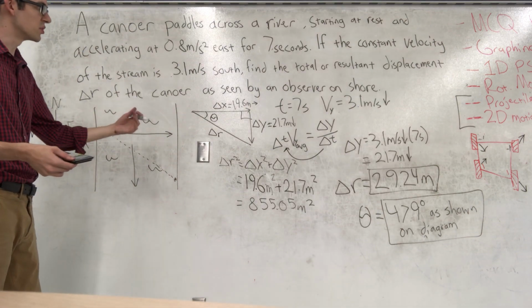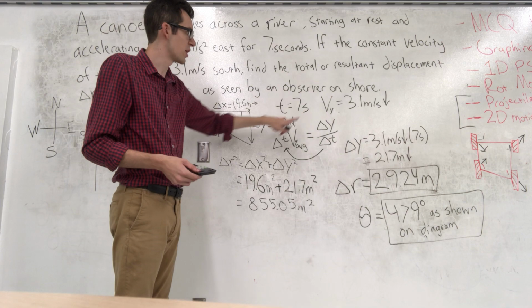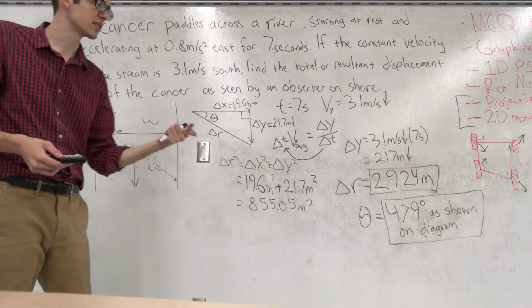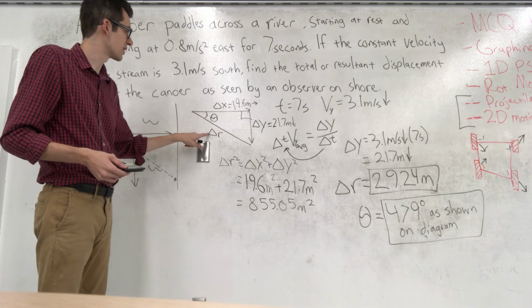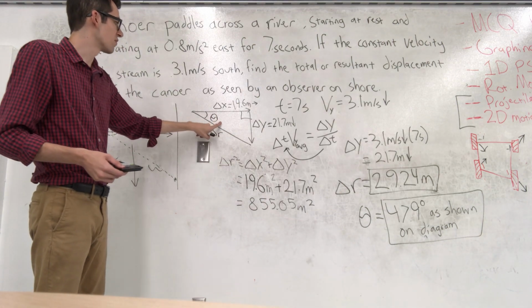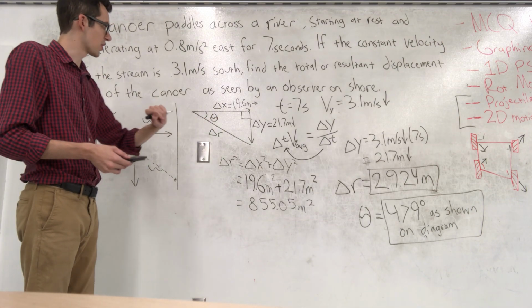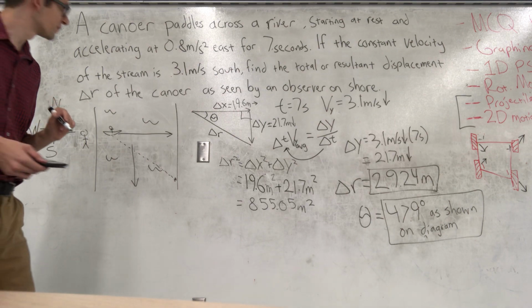Great, so we were able to use our equations of motion to use our given or known information, solve for delta y and delta x, which we then used with the Pythagorean theorem to say that delta r is equal to the hypotenuse of this triangle, and we used an inverse trigonometric function to find our angle theta.